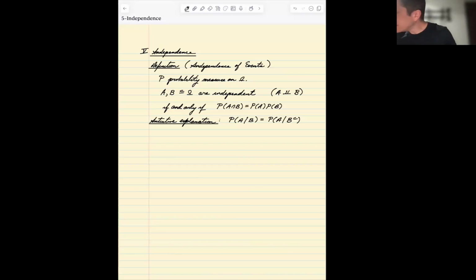And in fact, we can prove that if you do that, you don't update your information at all, which is to say, if you tell me something about B, it doesn't affect my opinion about A whatsoever. So that is a very reasonable way to formalize the concept of independence.